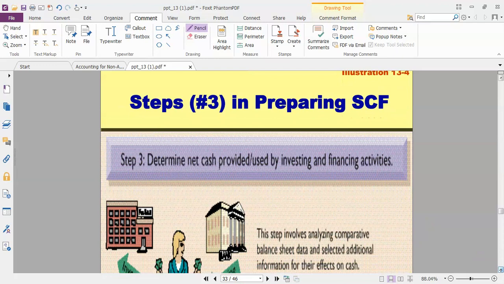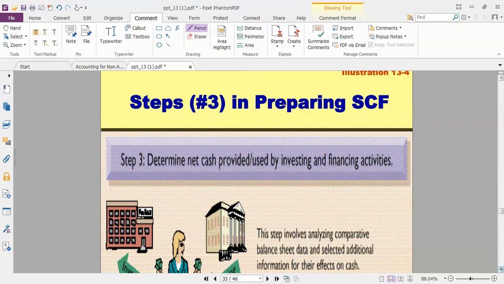So then proceed with the investing and financing activities, for the direct method or indirect method. When you prepare for the investing and financing activities, the format is the same.